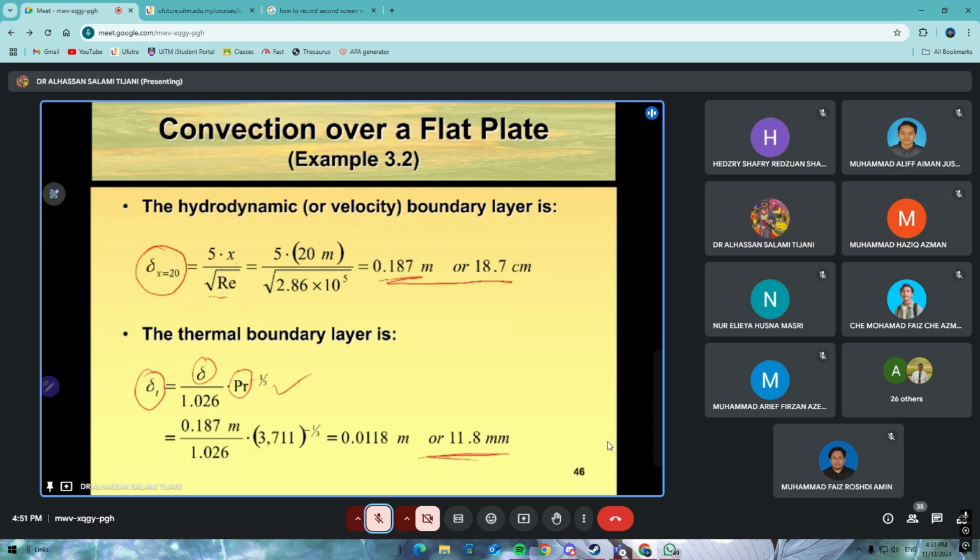We can observe one thing: if you sketch both on a flat plate, the thermal boundary layer is quite lower than the velocity boundary layer. The thermal boundary layer covers up to this point, whereas the velocity boundary layer is much greater. So that is the physical implication of these two results.